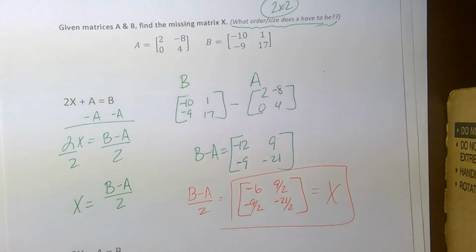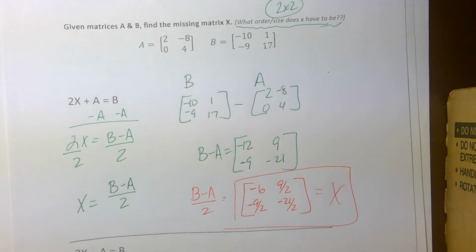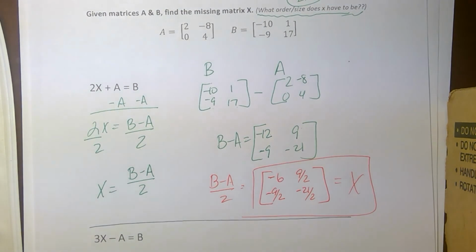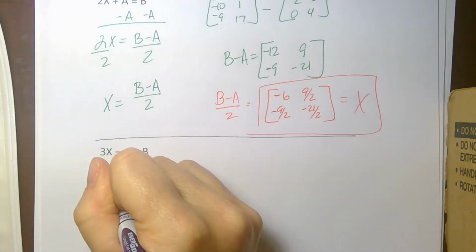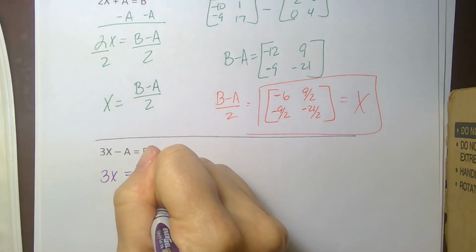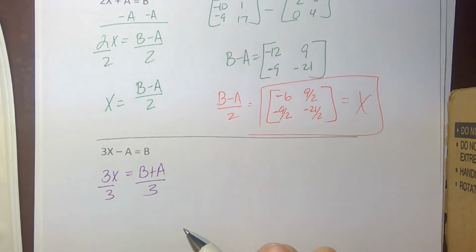Let's do one more. We're going to stick with the same A and B matrices. I want to encourage you to try this one on your own and see what you get, and then come back and look. The first step is to solve for X, to figure out what matrix X will look like when I combine the other matrices together. So I will add A to both sides, and then to finish solving, I need to divide by 3.